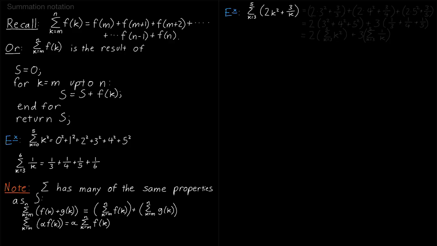We'll write this expression, sum from k equals 3 to 5, because I don't feel like writing too many terms, of 2k squared plus 3 over k.